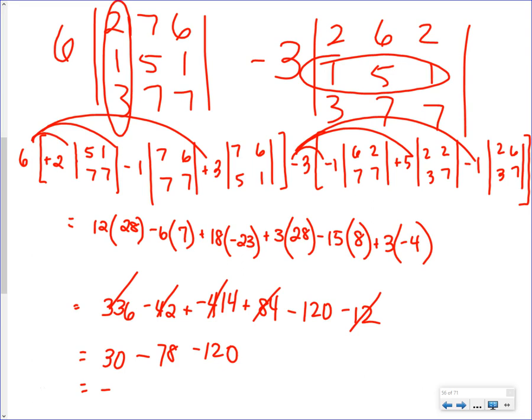Did I do something wrong? Oh, I'm good. And then that'd be negative 48 and then negative 168, right?